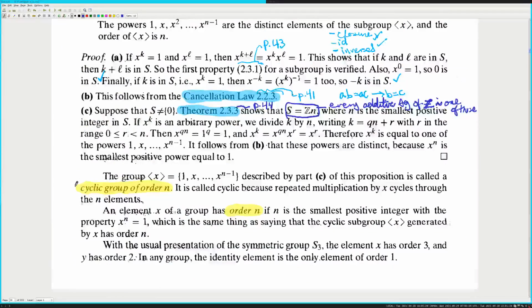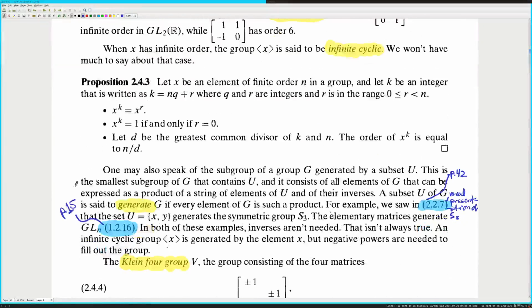Or any other ones? Okay. And what does this say? In this context, what is important about it? Yeah, it's that the elementary matrices generate GLn.